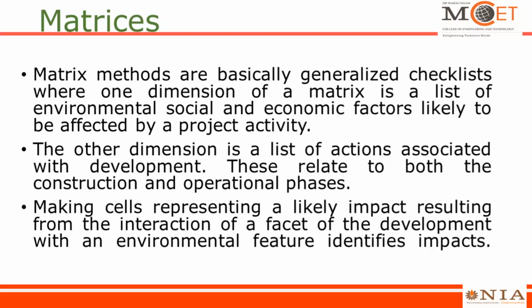These relate to both construction and operational phases. When we go to some examples, you will know. Cells represent a likely impact resulting from an interaction of a facet of the development with an environmental feature, which identifies the impacts.